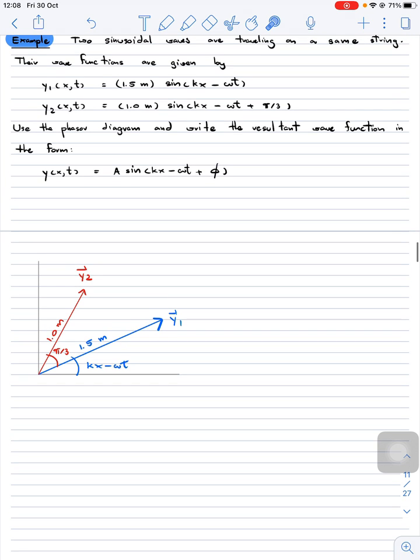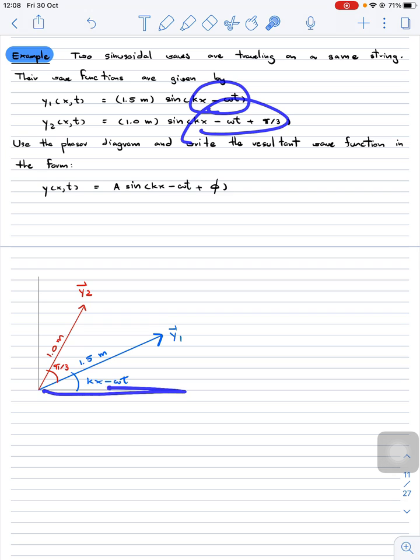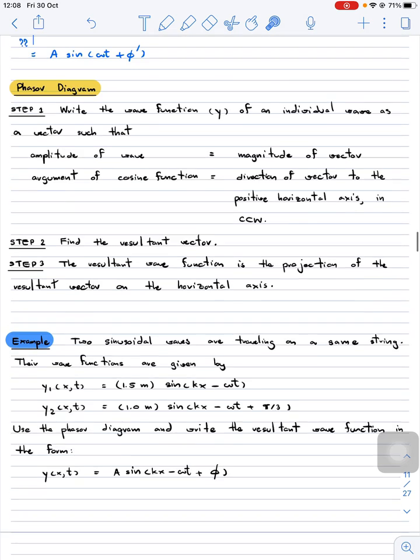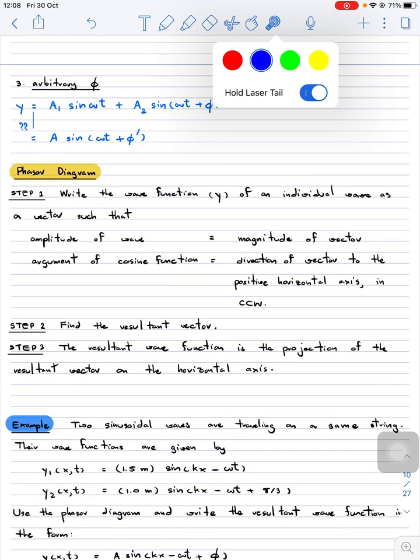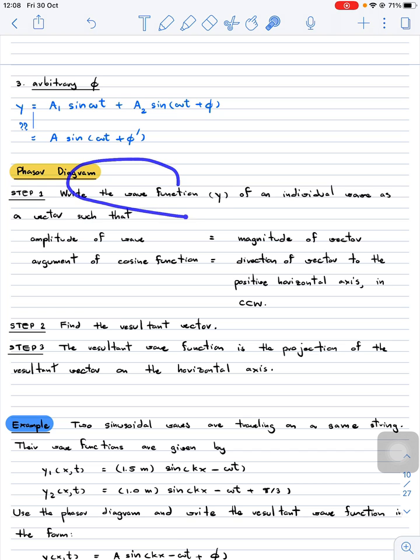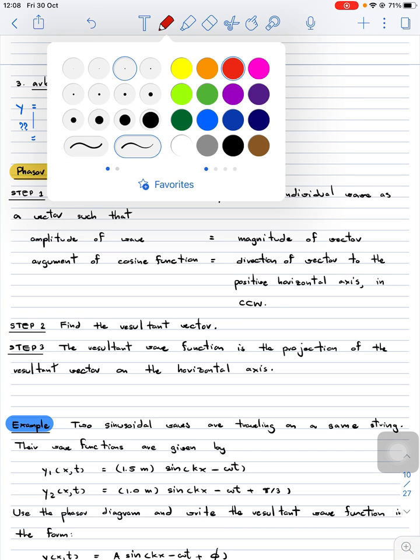Don't forget that when we talk about this direction, we measure from the positive horizontal axis in the counterclockwise direction. Now we just want to write down the wave function as a vector.